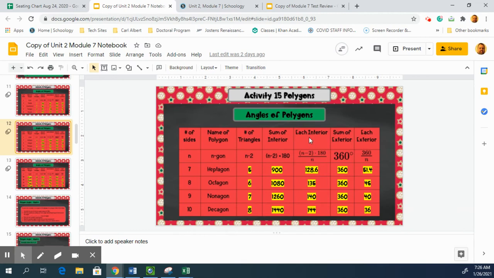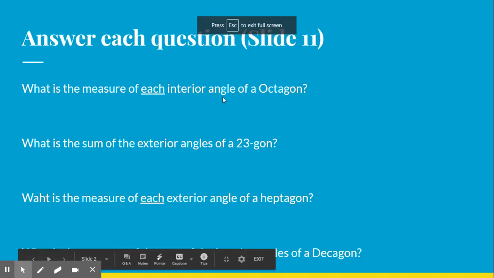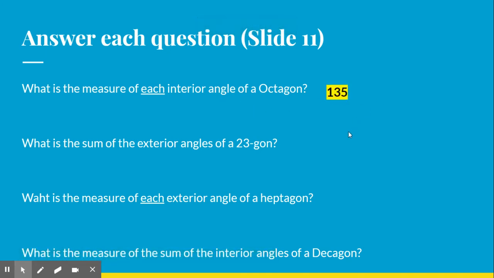Now it gives me the formula if I didn't have the information. Sides minus 2 times 180 divided by sides. So this would be 8 minus 2 times 180 divided by 8, or the work's already done. So in this case, the measure of each interior angle of an octagon is 135.